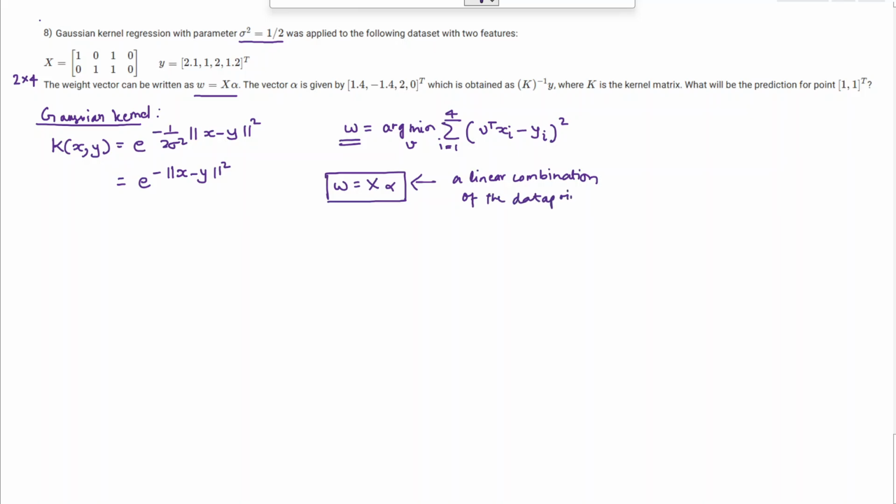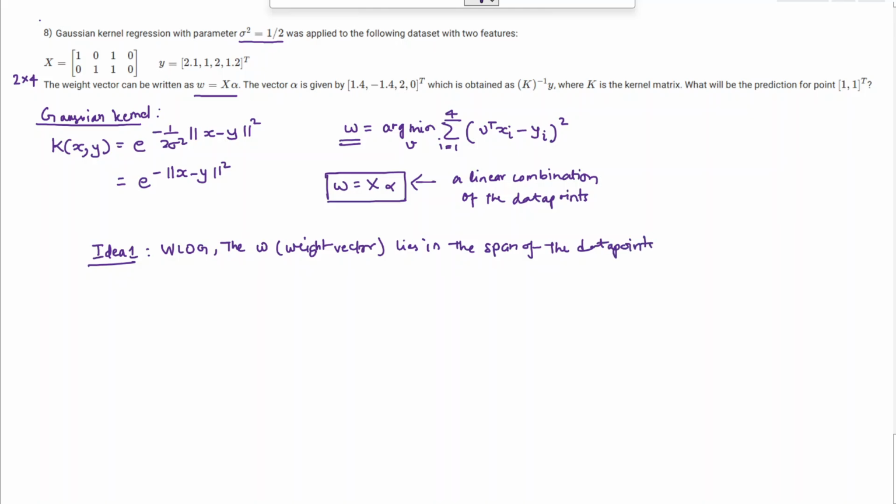Now, without loss of generality, there is a theorem which says, let me write idea 1, that without loss of generality, the weight vector w lies in the span of the data points.